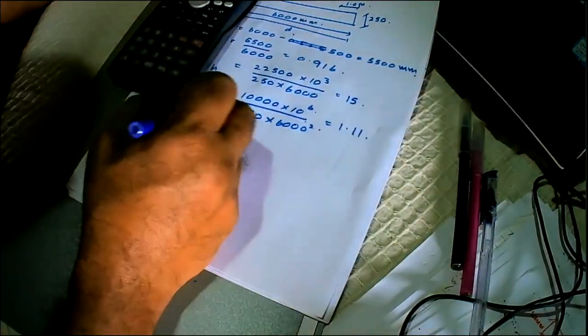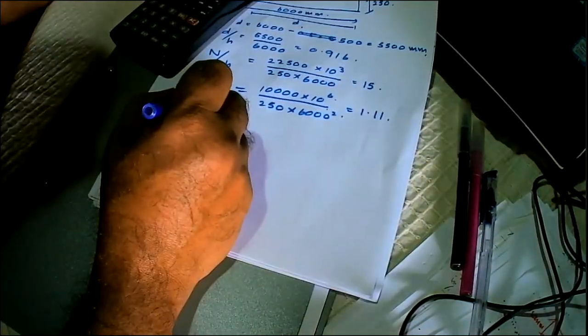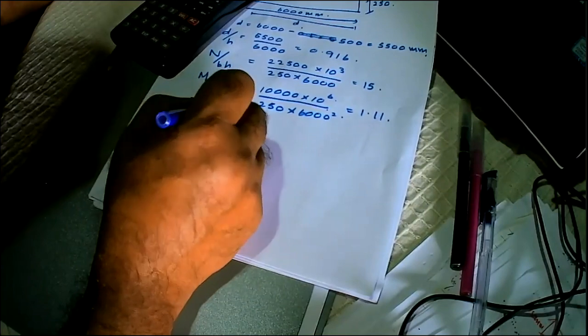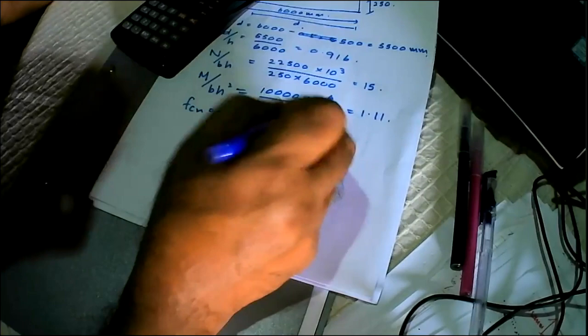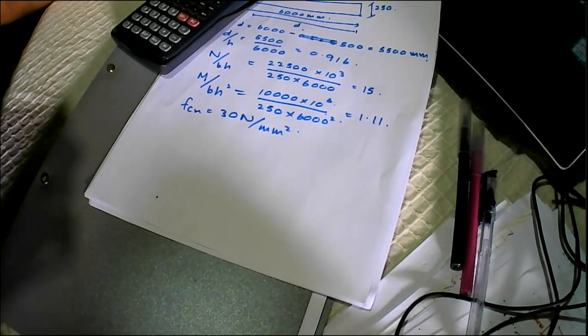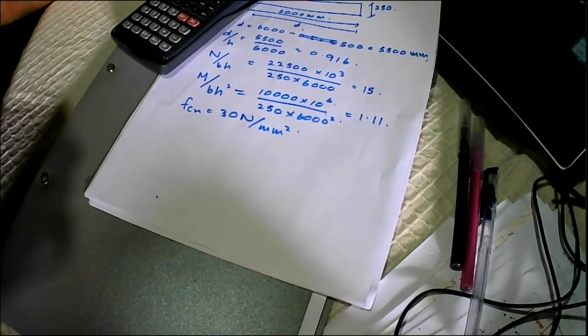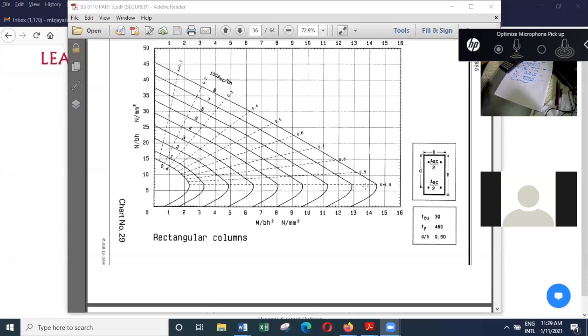So what you can do is, let's say we are using grade 30 concrete. I'll share the screen and show you. So here you can see fcu is 30, and here we are using 460 strength reinforcement.